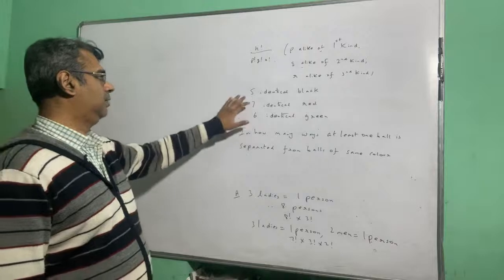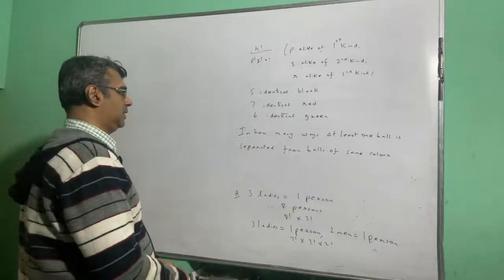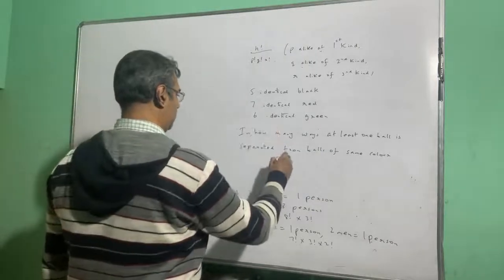So there are 5 identical black, 7 identical red, 6 identical green, so total 18.